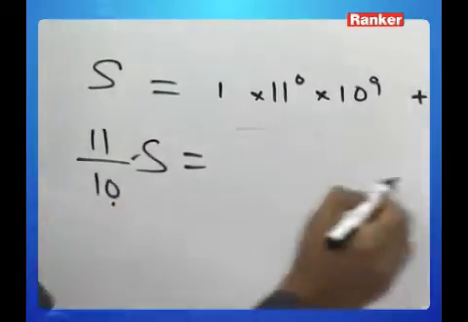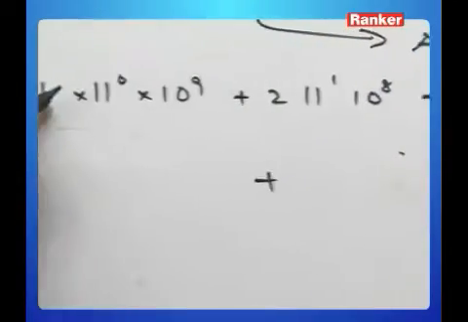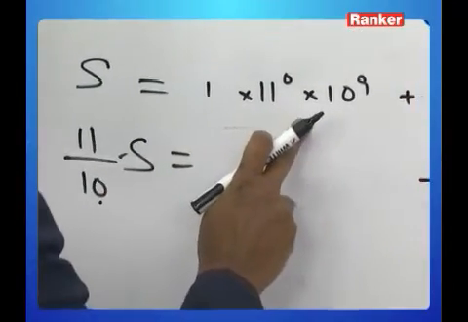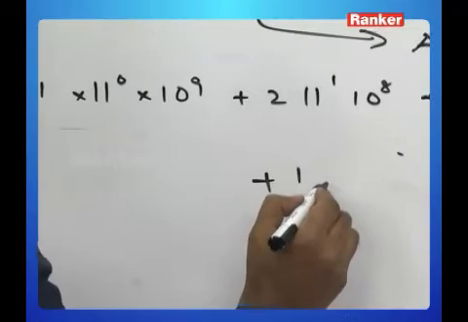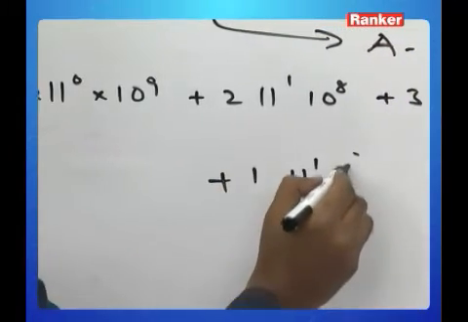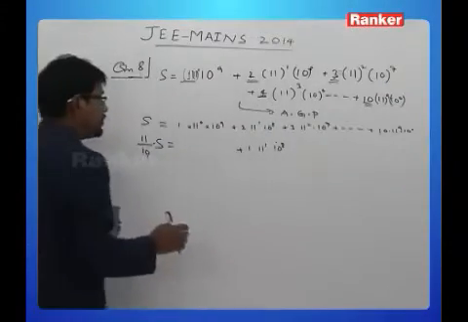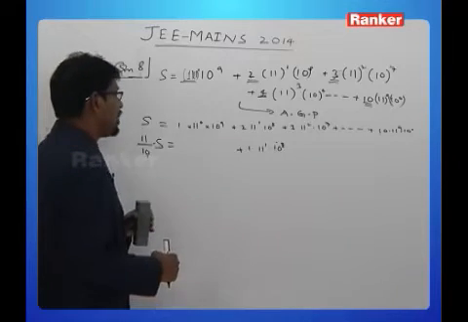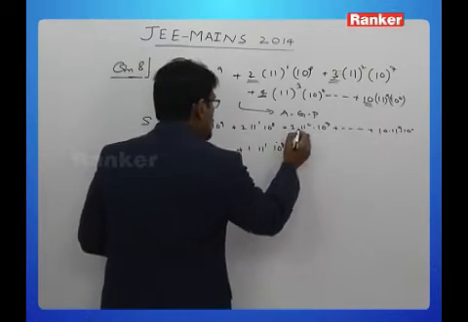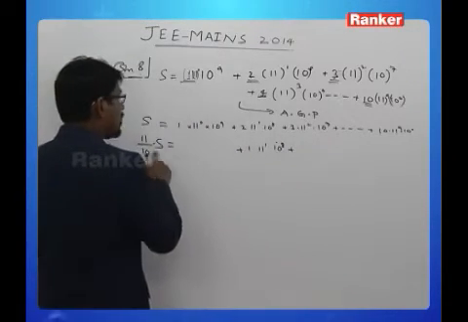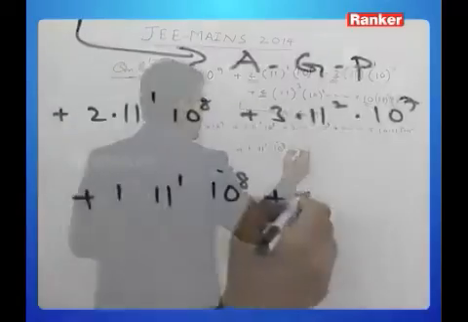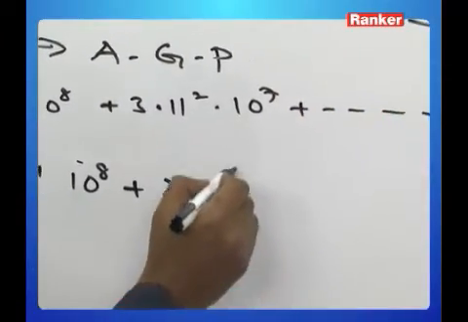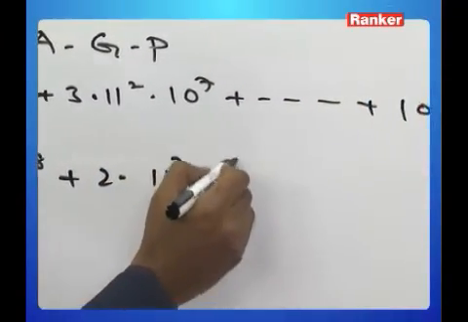So what do we get? 1 into 11 by 10, so you will have 1 into 11 power 1 into 10 power 8, because you have a 10 power 9, when you multiply by 1 by 10, you will get 10 power 8. Next, this term multiplied with this will give me 2 into 11 square into 10 power 7.